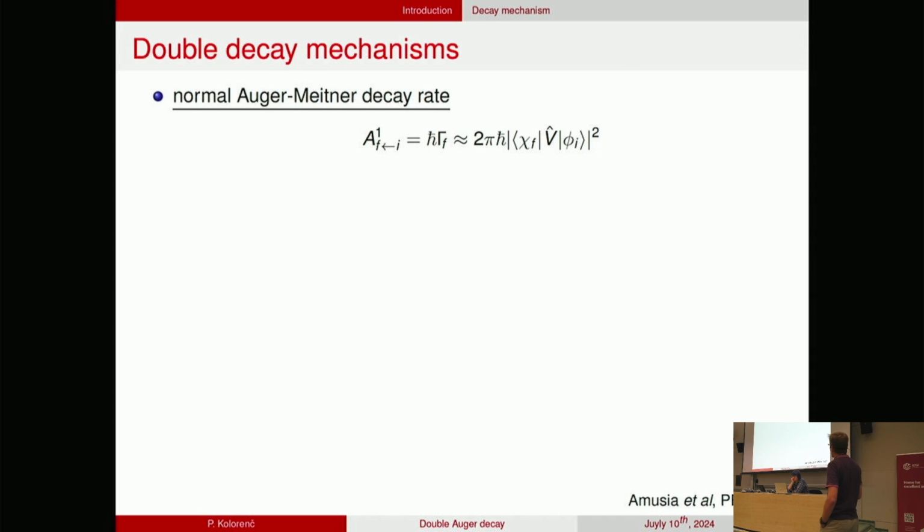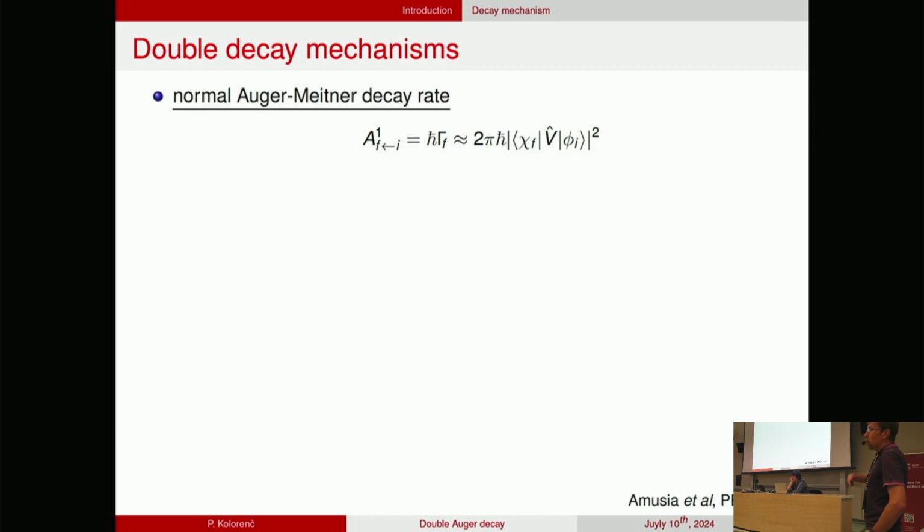So the normal single electron Auger decay rate is basically given by this simple lowest order perturbation theory expression, which is basically Fermi's golden rule, where it's given by the coupling of the initial core hole state and the final dicationic state with 1 electron in continuum.